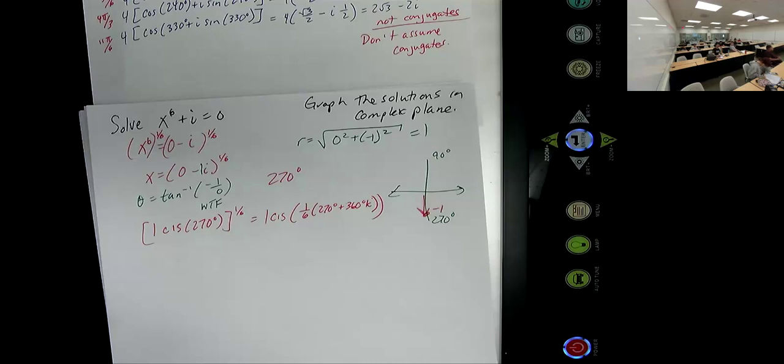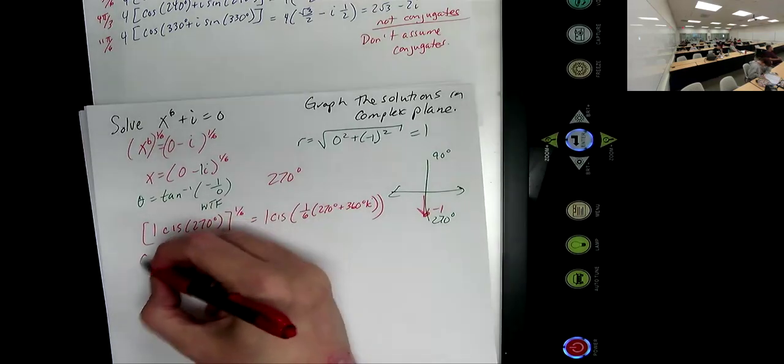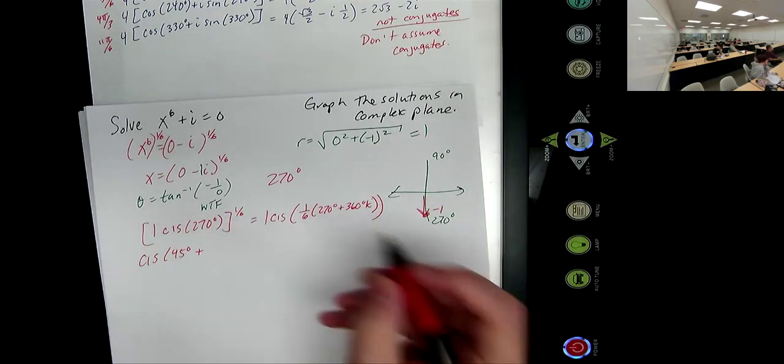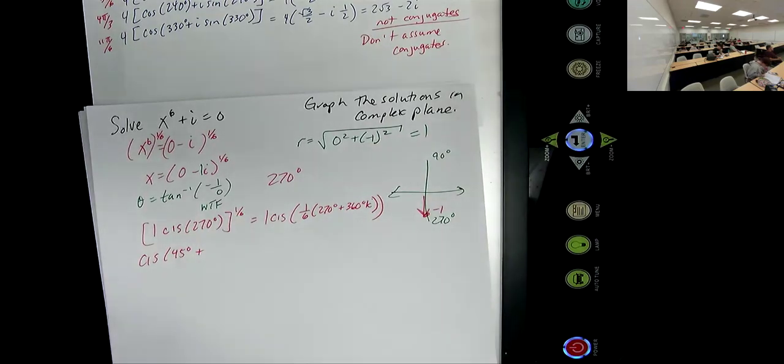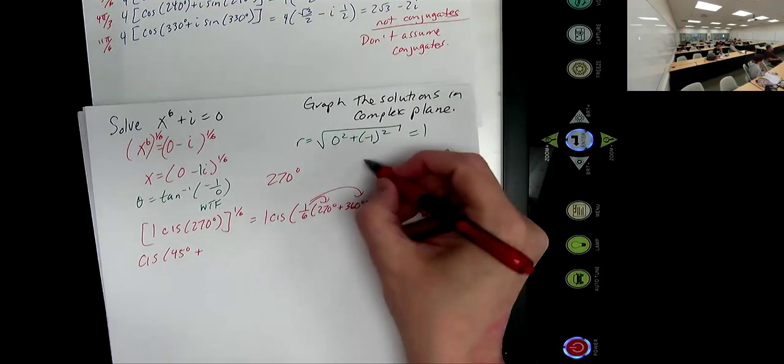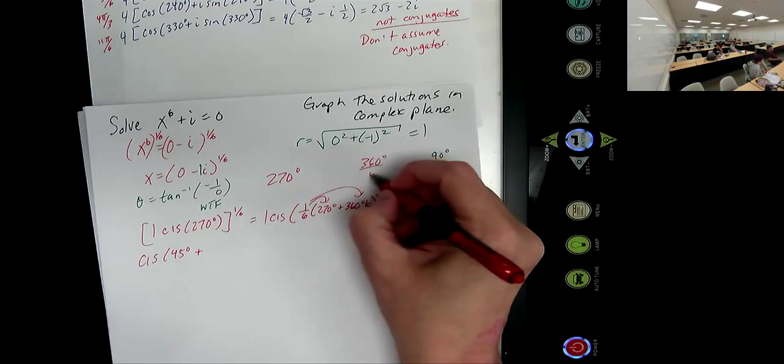45. This is easier to do divided by 3 first, get down to 90 degrees, then divide by 2. So we're gonna have cis 45 plus what multiple on k? Distributing this to each of them, 360 divided by 6, 60.